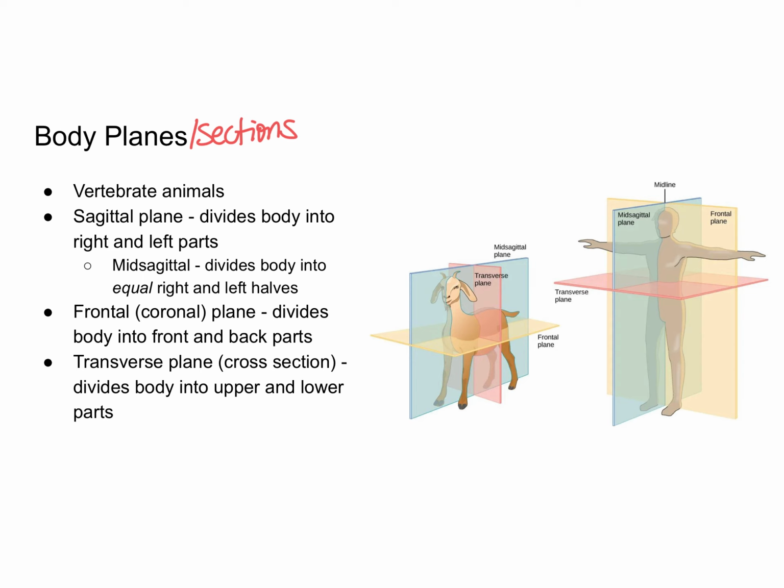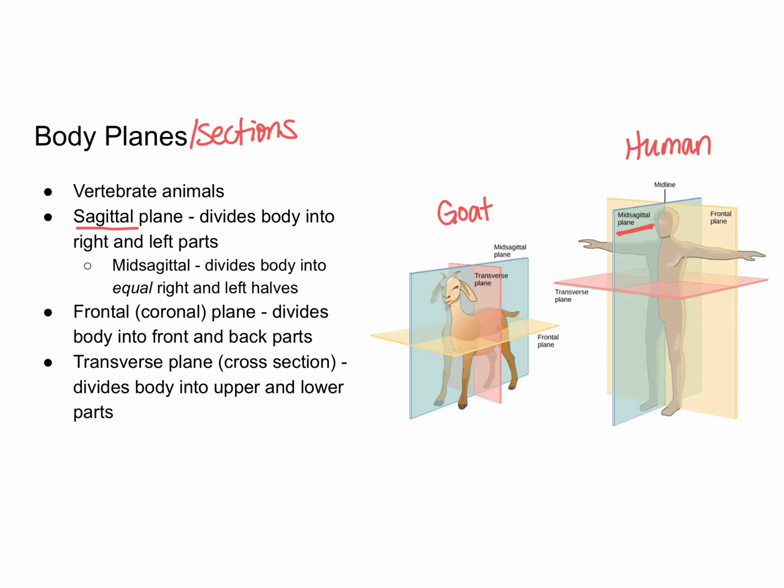So first of all, we have the sagittal plane, which just divides the body into left and right parts. And I'm going to focus on the human over here first, and then we'll talk about what's going on with this goat. So the sagittal plane, you can actually see the mid-sagittal plane here, but a sagittal plane is anything that is going to divide the organism into left and right parts.